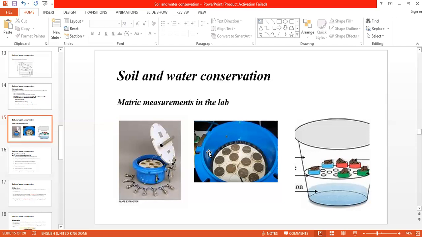This project that we are doing, we do measurements, like I said, for moisture, for bulk density, and also penetrometer measurements. All those have to do with structure.